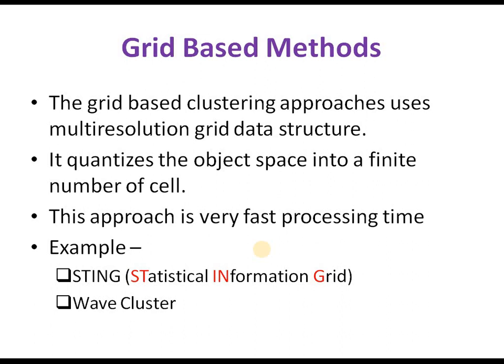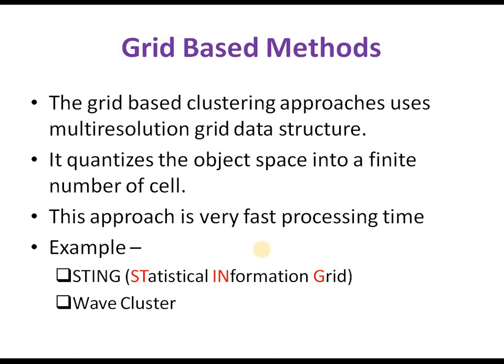The second example of a grid-based method is WaveCluster, clustering using wavelet transformations. WaveCluster is a multi-resolution clustering algorithm that first summarizes the data by imposing a multidimensional grid structure onto the data space.